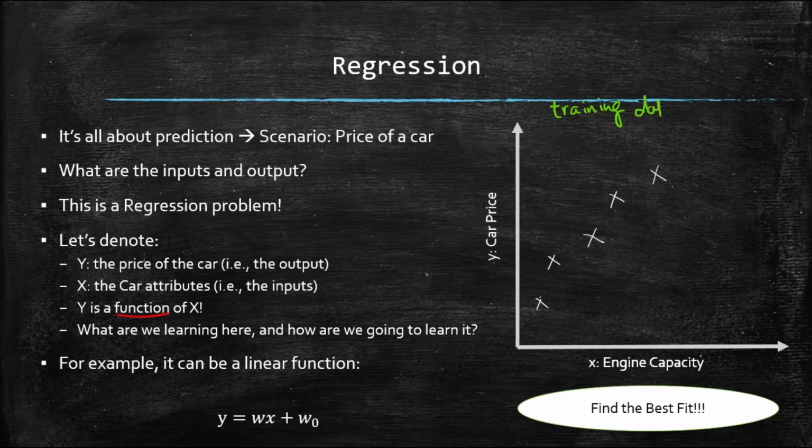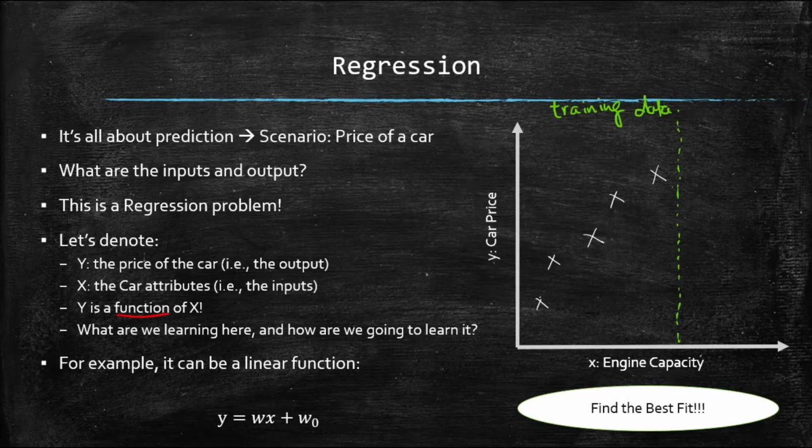So these crosses are the training data, because the machine learning algorithm will go through these examples and try to find a model, a pattern that would describe these data, and that could extract the knowledge of what would be the price of a car given an engine capacity.